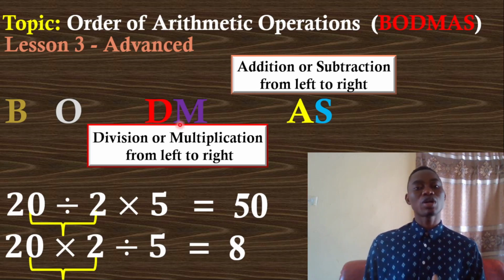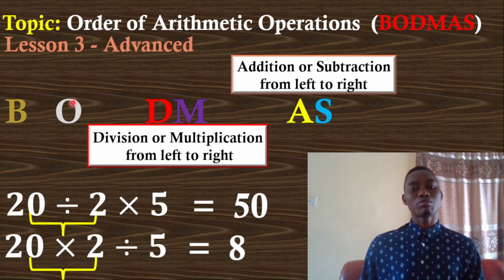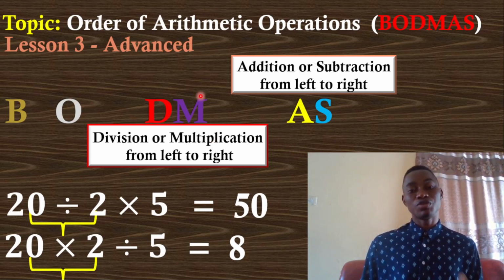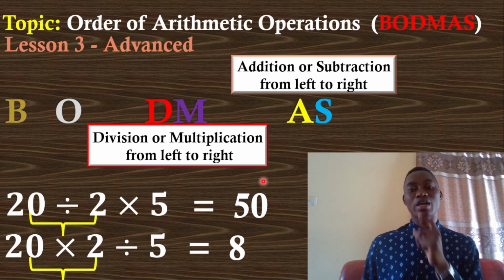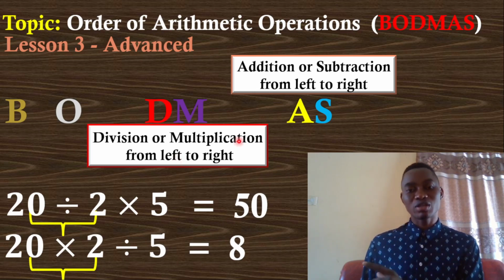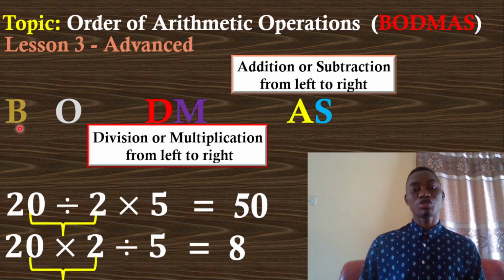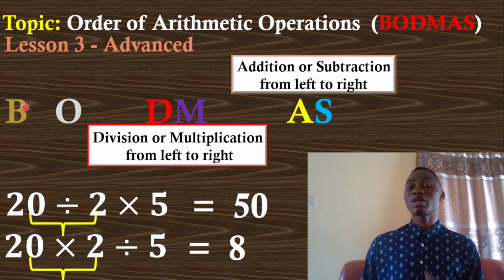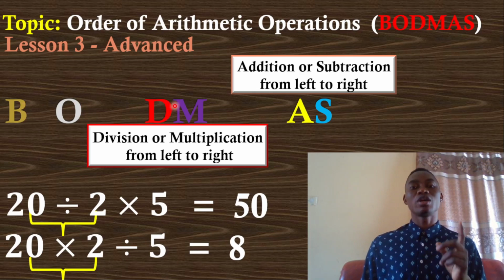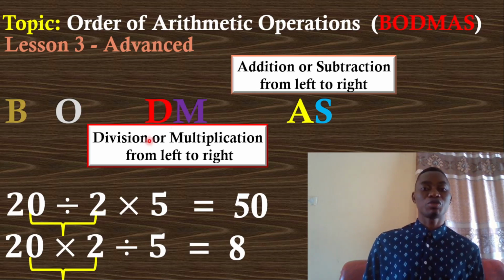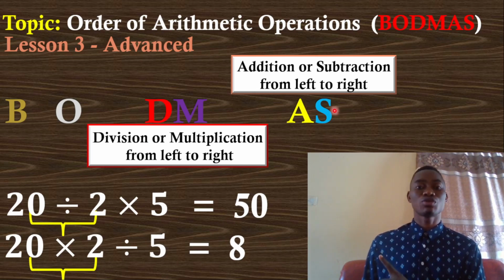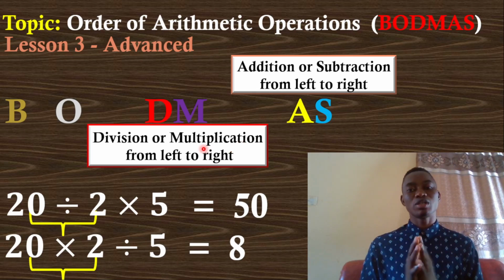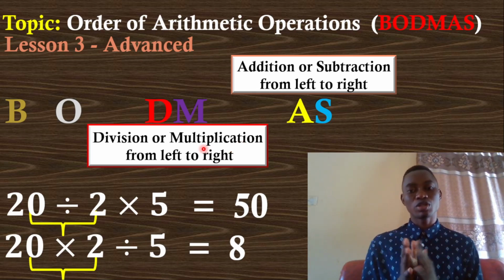But where you have brackets, powers or roots, division, multiplication, addition, and subtraction operators in a particular expression, BODMAS says perform your bracket operation first, that is, take care of your bracket first, followed by orders, then division or multiplication from left to right, then lastly addition or subtraction from left to right. This is just BODMAS in a nutshell. So with this, let's go to what we have today.